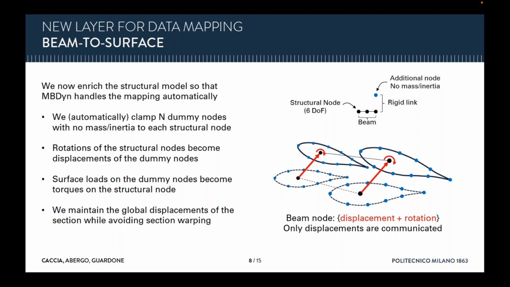So in this way, the rotations can be communicated from the structural solver to the fluid solver, and as well the forces can get translated automatically in MBDyn into torques and forces onto our node. And in this way, we also maintain the rigidity of our section, whereas we avoid the warping of our sections.